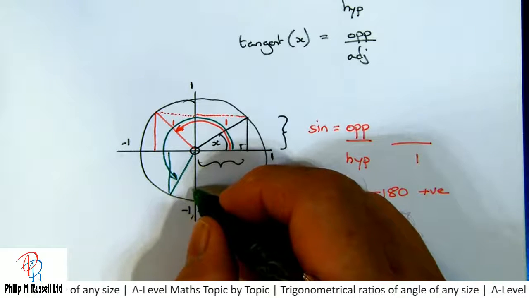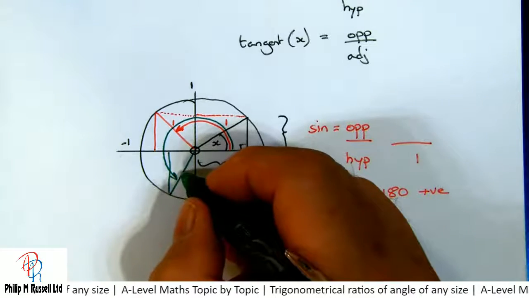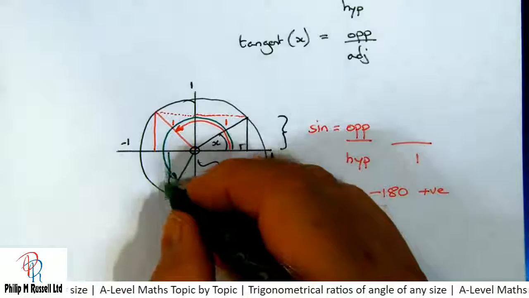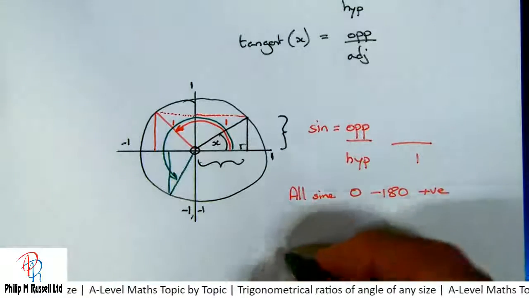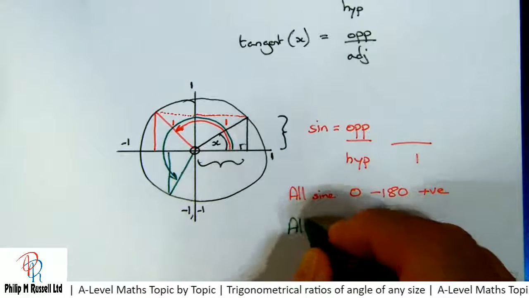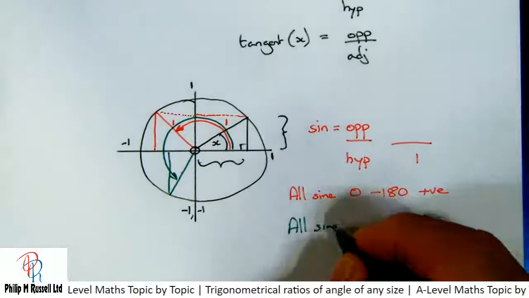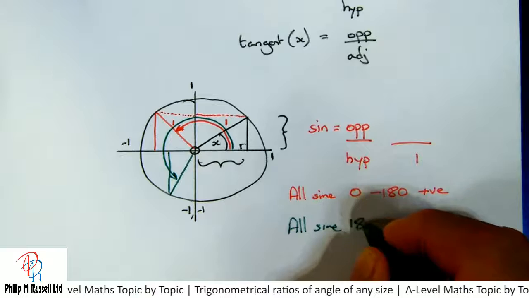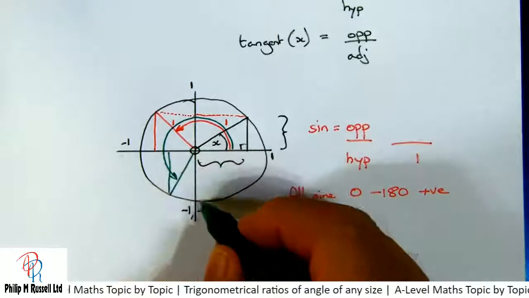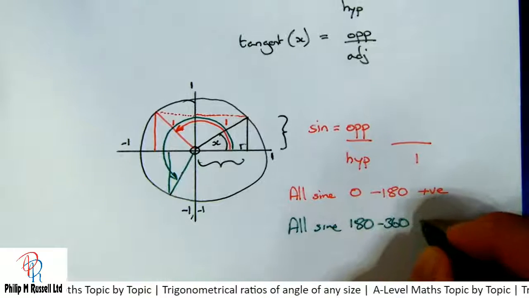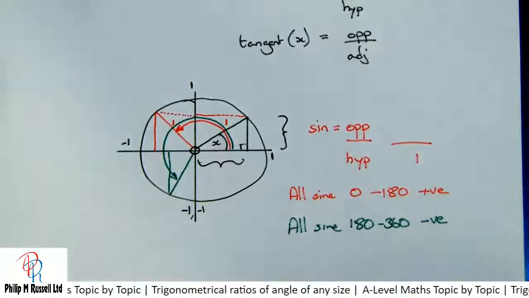And as it becomes negative, and this number is going to be positive, my values of sine are going to be negative. So we can think of that all my sines from 180 round to 360 are going to be negative.